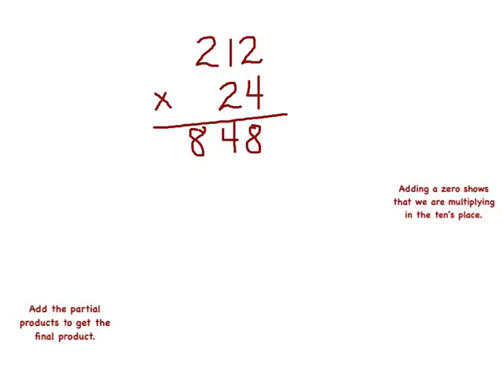Now, I have to remember that I'm going to add a 0 right here that shows that we are multiplying in the tens place. So I'm going to put that 0 down because now I'm moving to this 2. Okay, so I'm in my tens place now. I put the 0 here because that was in the ones place.